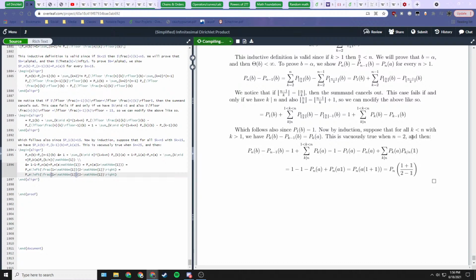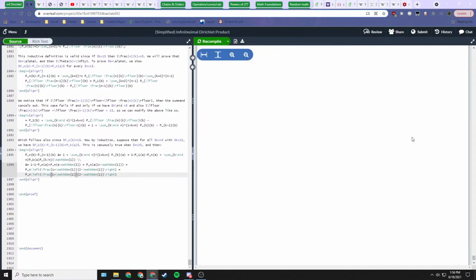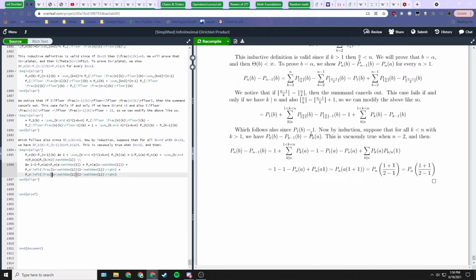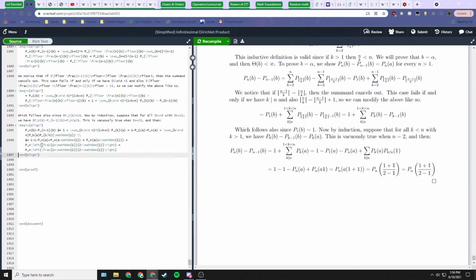is that right? I think that's maybe backwards. It should be negative p sub n of a. So this should actually be bold 1 minus 1. Minus 1, and minus 1 here. And then, okay, we can work from this.